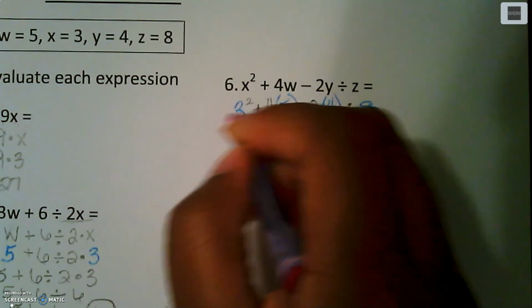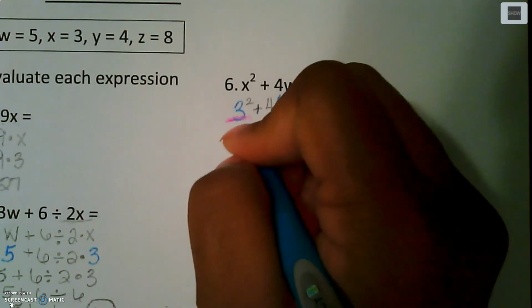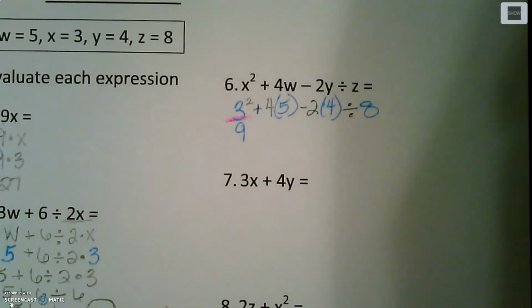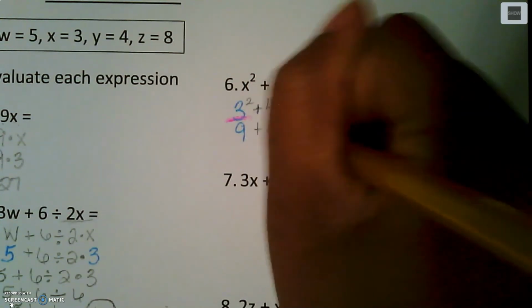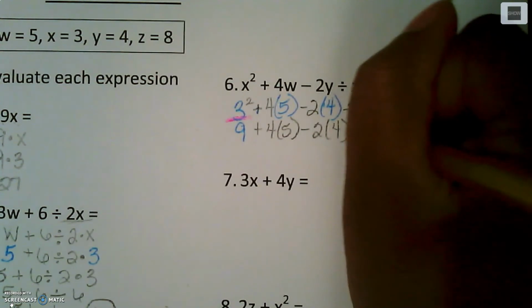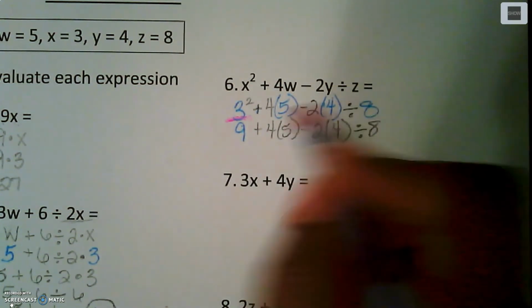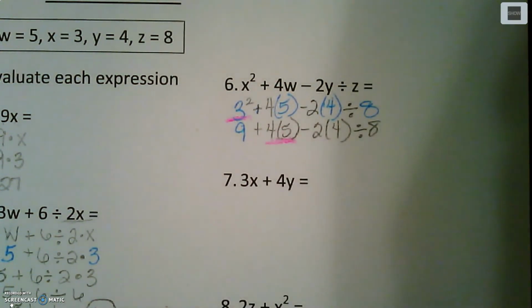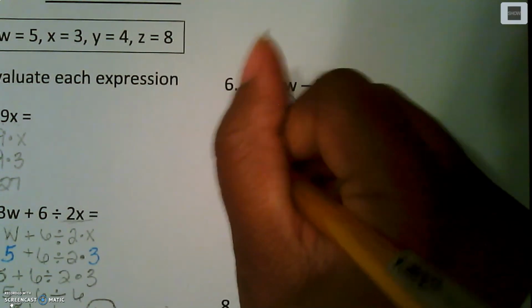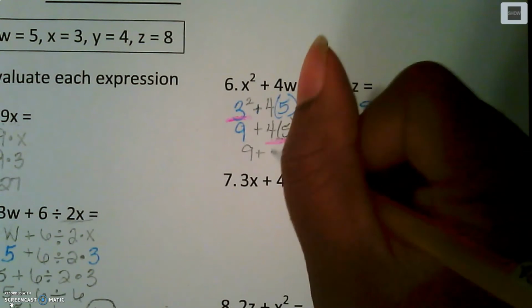So you know we do our exponent first. 3 times 3 is 9. We did that in the previous problem. And rewrite everything else. Guess I don't have to. The next operation I'm going to do is multiply. So 5 times 4, or 4 times 5, is 20.